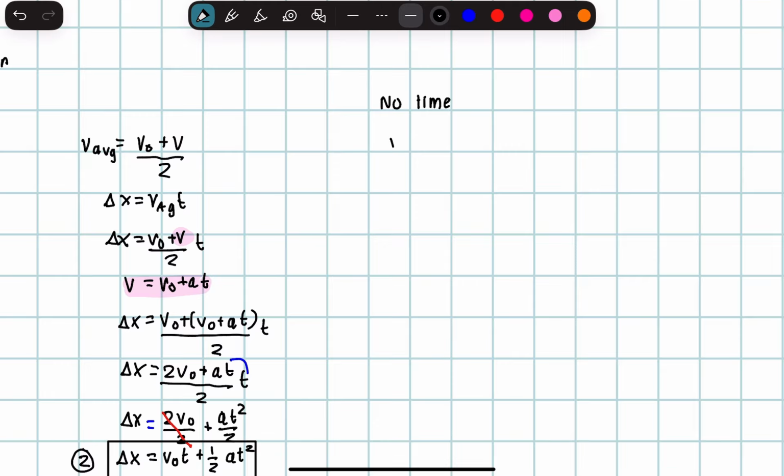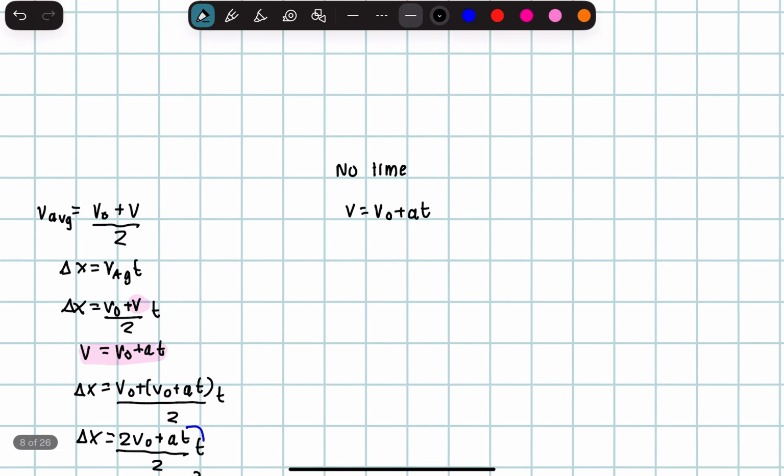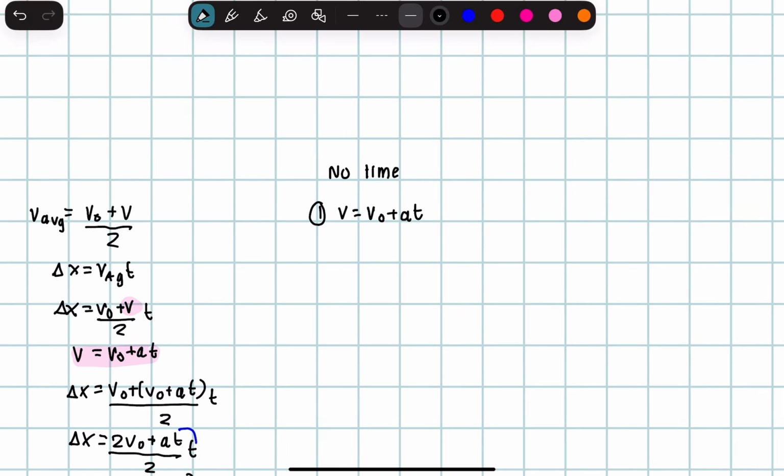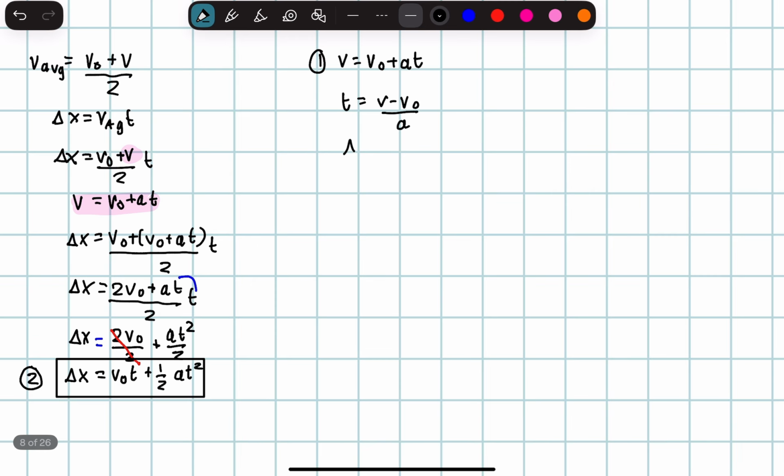So we can start out with velocity equals v initial plus acceleration times time, which was our first kinematic equation. And from here, we solve for time. Now we can plug this into the displacement equation.